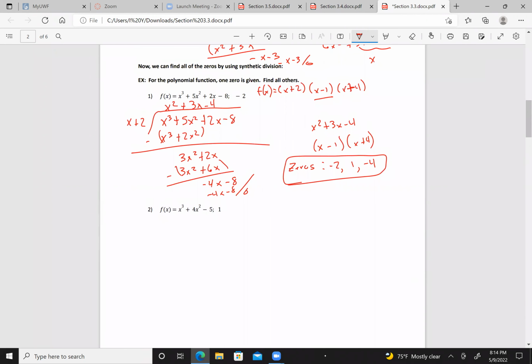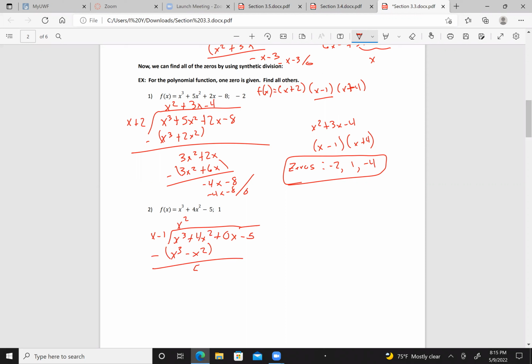Okay, let's look at another one here. Again, k is 1, so we know that x minus 1 goes into x cubed plus 4x squared. We don't have an x term, so we put plus 0x minus 5. So x goes into x cubed, x squared. There's this x cubed minus x squared.